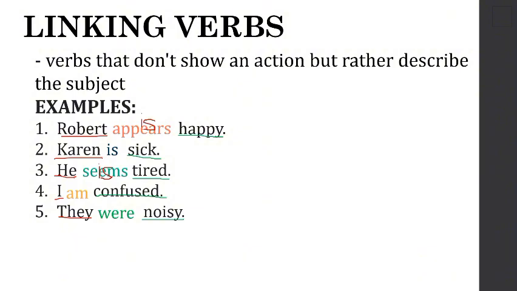You can clearly see how we can change the linking verbs, or the regular verbs used as linking verbs, into is or be verbs and it still is complete and correct.